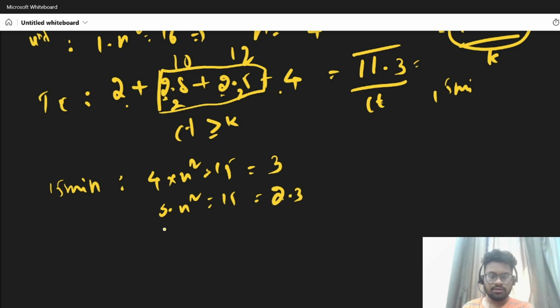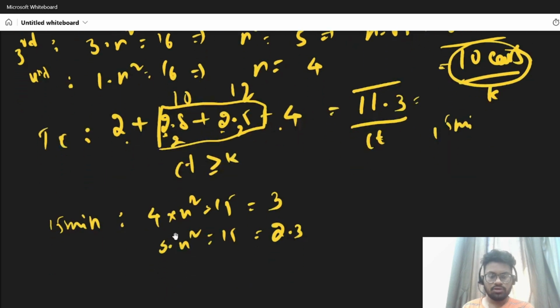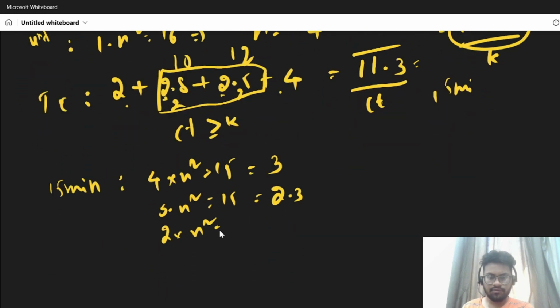For the third guy, 2 into n square equal to 15, so n square is 7.5, and the root of 7.5 is also 2.4 something. And 1 into n square equal to 15, so n is root 15, which is also around 3 point something.